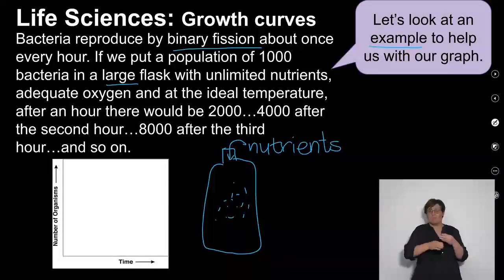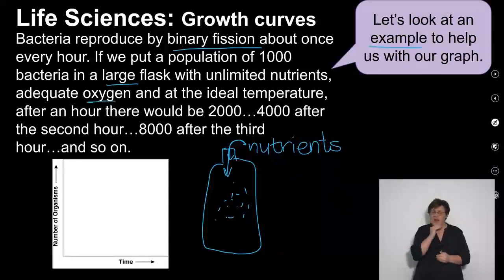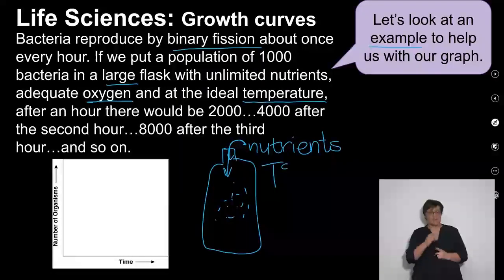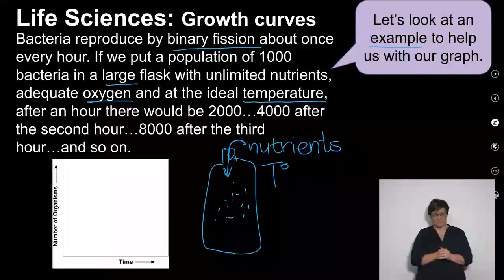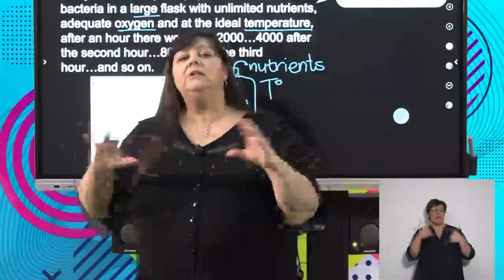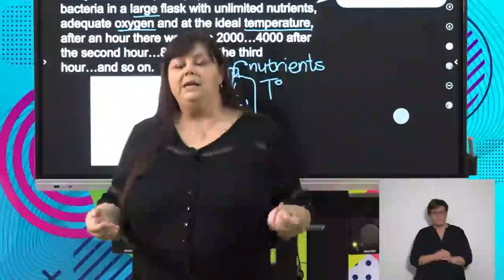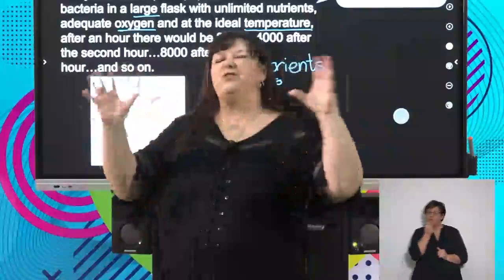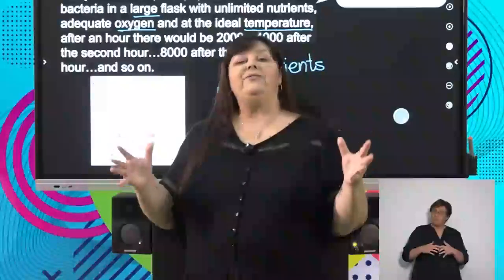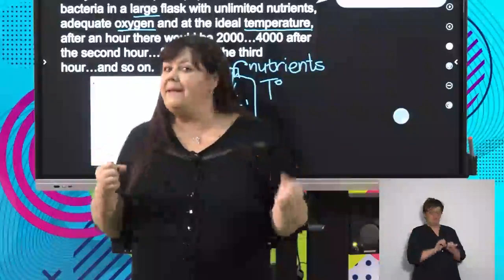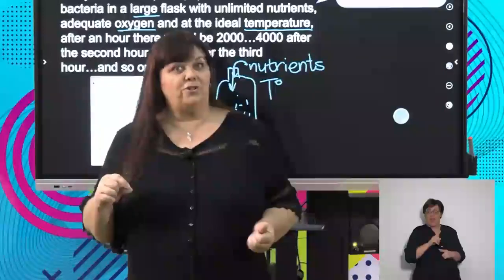All the time there's going to be feeding in of adequate nutrients, adequate oxygen, and we're going to keep our flask at the ideal temperature for these bacteria. So what we've done is we've said no limiting factors, as much space as the bacteria need. We've also said, right, as much food as they need. We have created bacterial paradise, and off the bacteria go with their asexual reproduction.